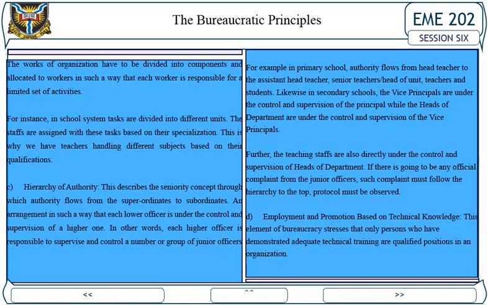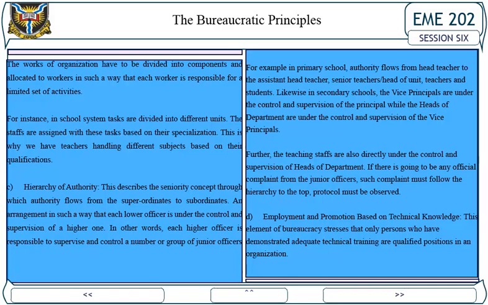Bureaucracy is defined as pyramidal, hierarchical, or organizational structure in which all powers for making decisions flows from superordinate to subordinate. The key elements of bureaucratic principles are A. Stipulated rules.